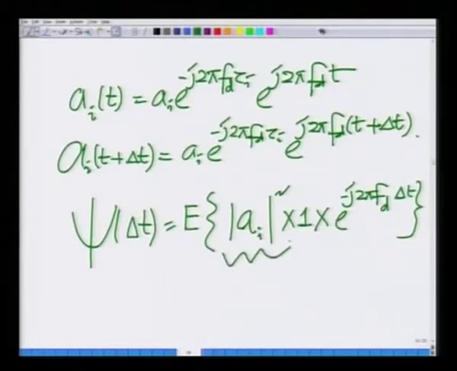I will assume that this path is normalized to unit power, that is, let us take this power out of the picture by normalizing, because this power depends on the transmitted signal power and so on.